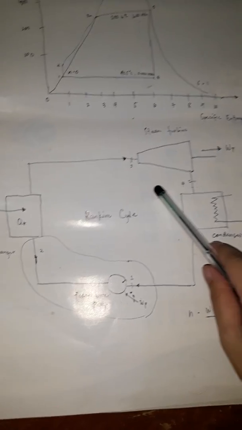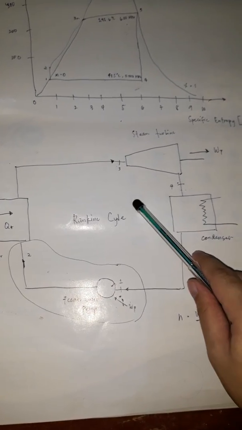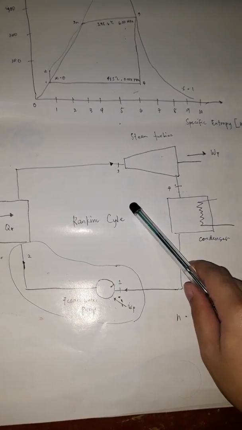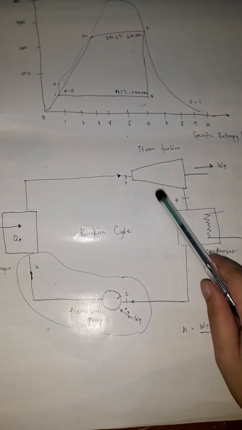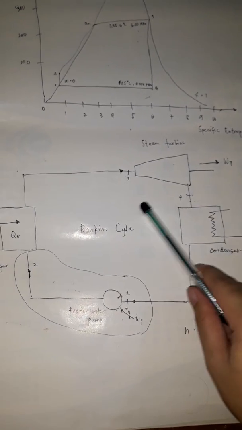In this case, assume a simple cycle without reheat and without condensing steam turbine running on the saturated steam or dry steam.